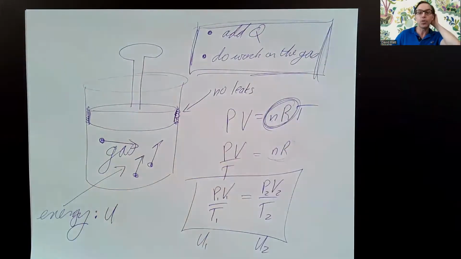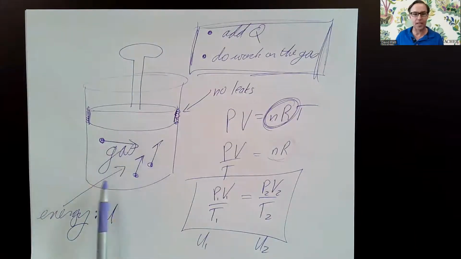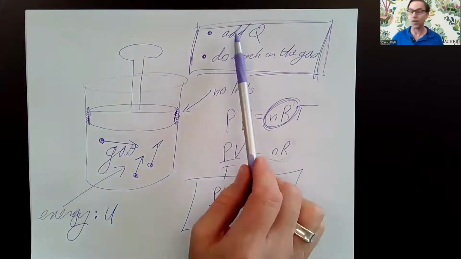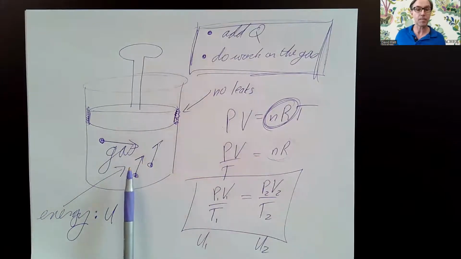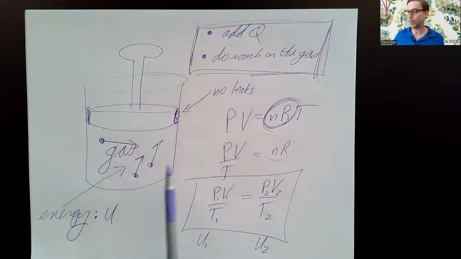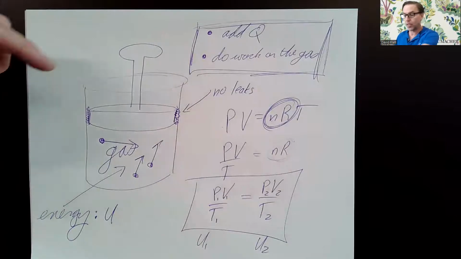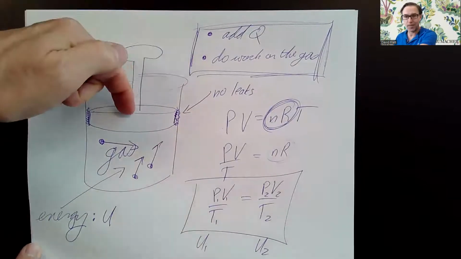So very important, and I'm going to talk about what each of these means. But the only two ways of changing U, the total internal energy, the total energy of all the gas particles put together, is I can either add heat energy, or I can do work on the gas. In other words, I can push this down.